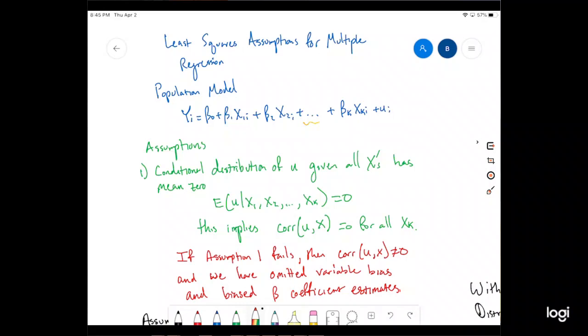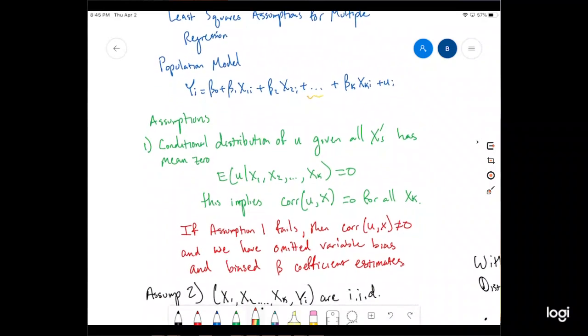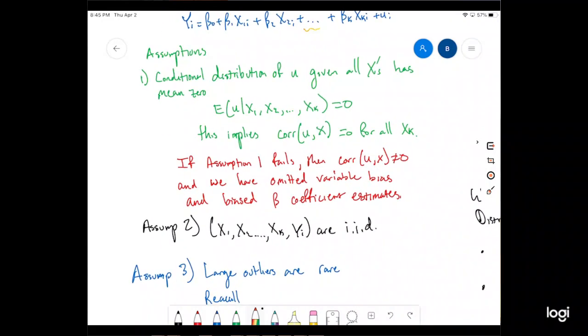So here are the assumptions. The assumptions that get us nicely behaved coefficient estimates and that allow us to use regular t-statistics, p-values, confidence intervals, etc. So assumption number 1, the conditional distribution of u given all the x's has mean 0. So we've written that down here.